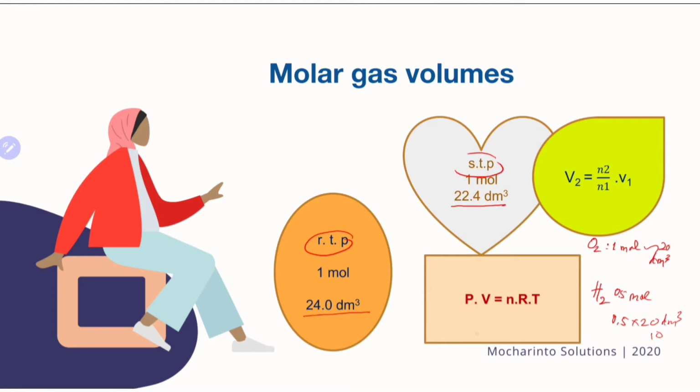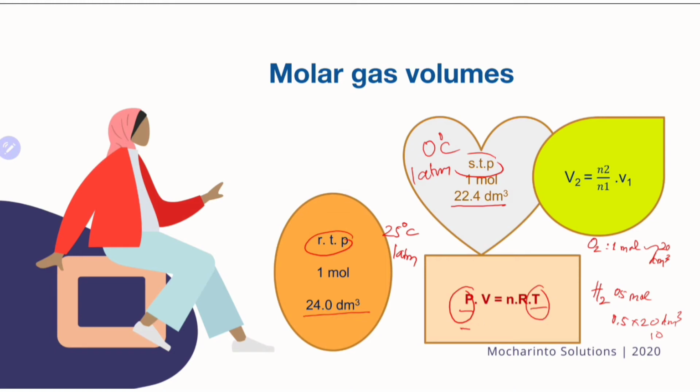Or we have the information of pressure and temperature, but not at RTP or STP. For RTP, the temperature is 25 degrees Celsius and 1 atm of pressure. For STP, 0 degrees Celsius and 1 atm of pressure. We have the information of pressure and temperature, but not 25 and 1 atm or 0 and 1 atm.